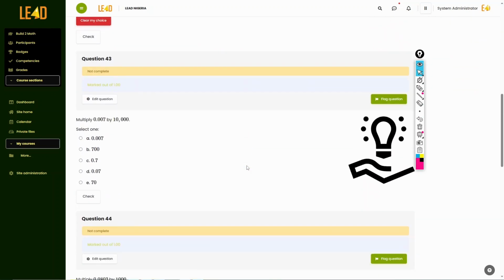Okay. Question 43 says multiply 0.007 by 10,000. Because I'm multiplying by a power of 10, that means my decimal point will move to the right.